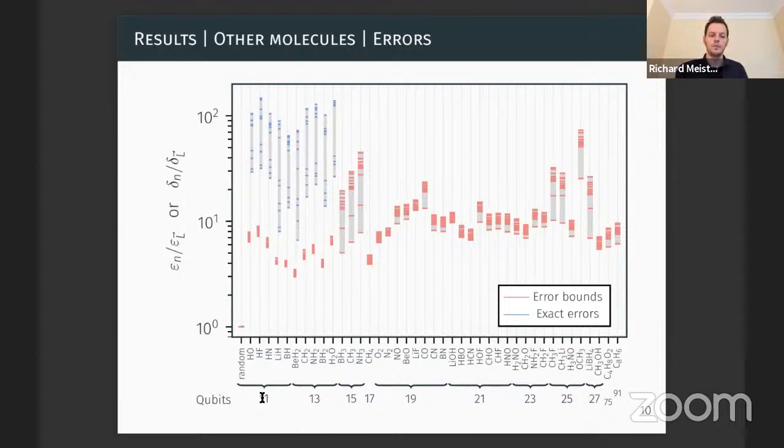And you can see that these range over many qubits. So we have anywhere from 11 to 25, all the way up to 75 and 91 qubits for these molecules. And it seems to hold across all of them. And one last thing I want to draw your attention to is here in the bottom left corner, which is labeled random. We took lithium hydride, the Hamiltonian for the lithium hydride.